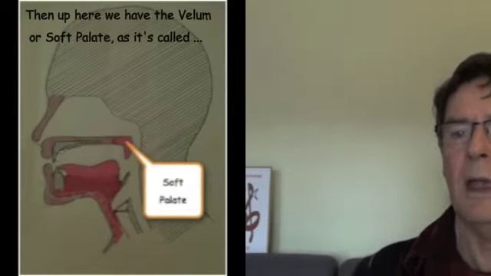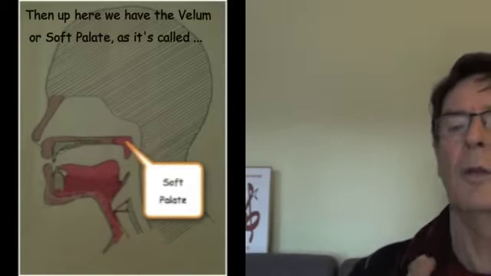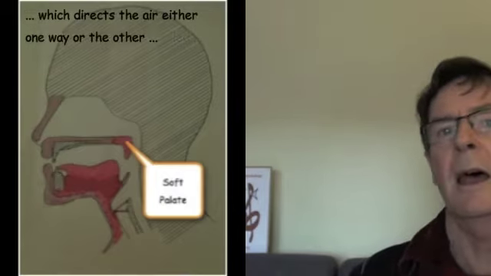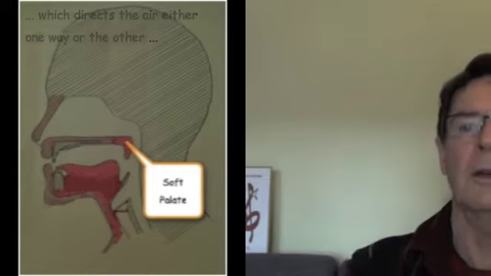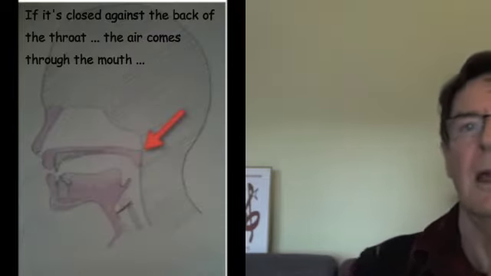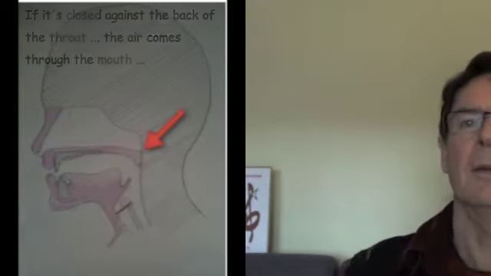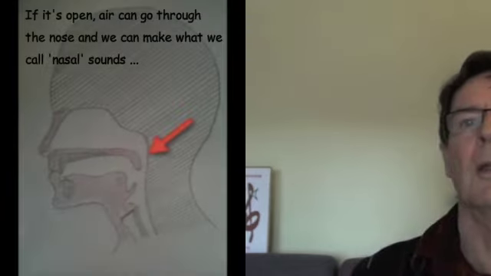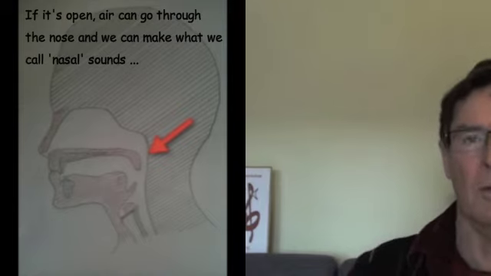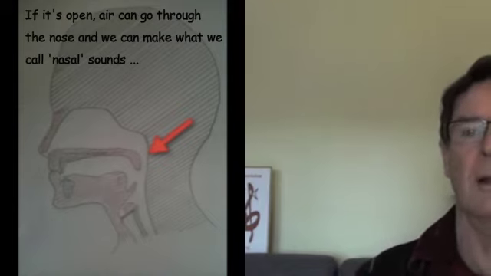Then up here we have the velum, or the soft palate as it's called, which directs the air one way or the other. If it's closed against the back of the throat, the air comes through the mouth. If it's open, air can go through the nose and we can make what we call nasal sounds.